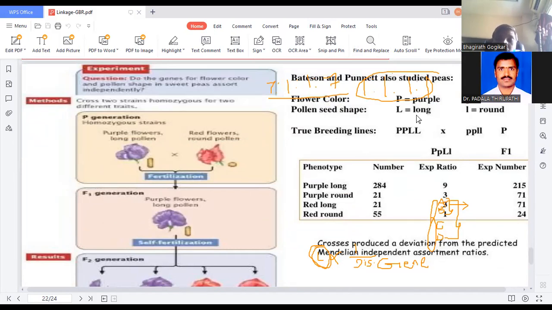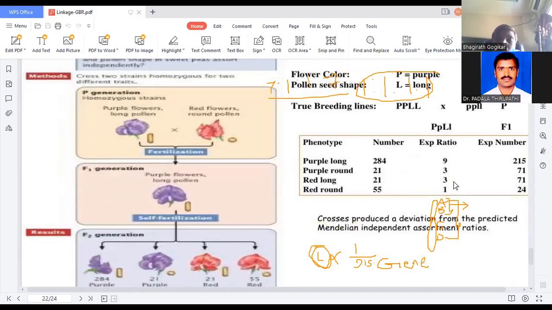Purple long pollen crossed with red round pollen, we are getting F1 plants all heterozygous, and on F1 self-pollination, we are getting this ratio. As per the Mendel ratio, what are we getting? 9:3:3:1. But in the experiment, we are not getting this ratio 9:3:3:1.